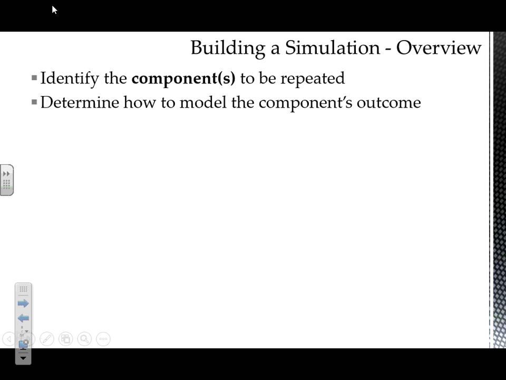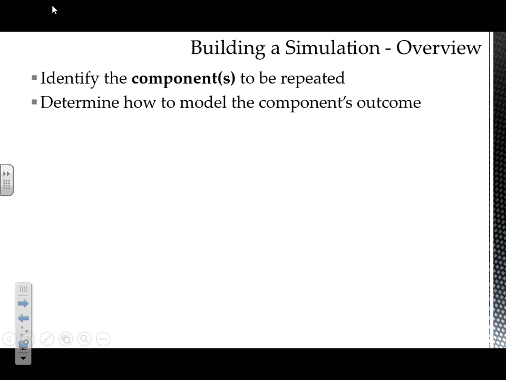The next thing you need to be able to do is determine how you are going to model the component's outcome. So how are you going to label the different outcomes using random digits? So maybe you want to use the digits 0 through 9, and you split them up in a certain manner and give this event a set of numbers, this event another set of numbers, and this event another.